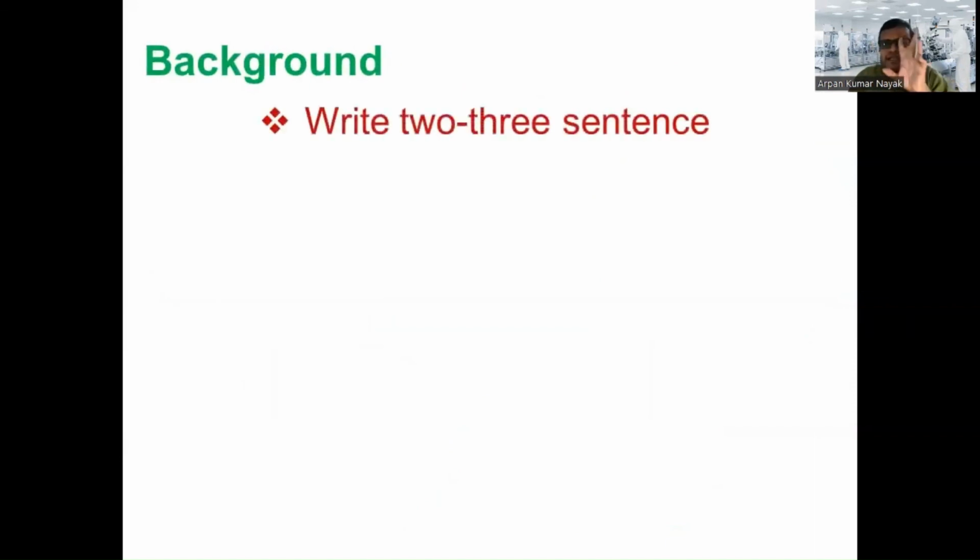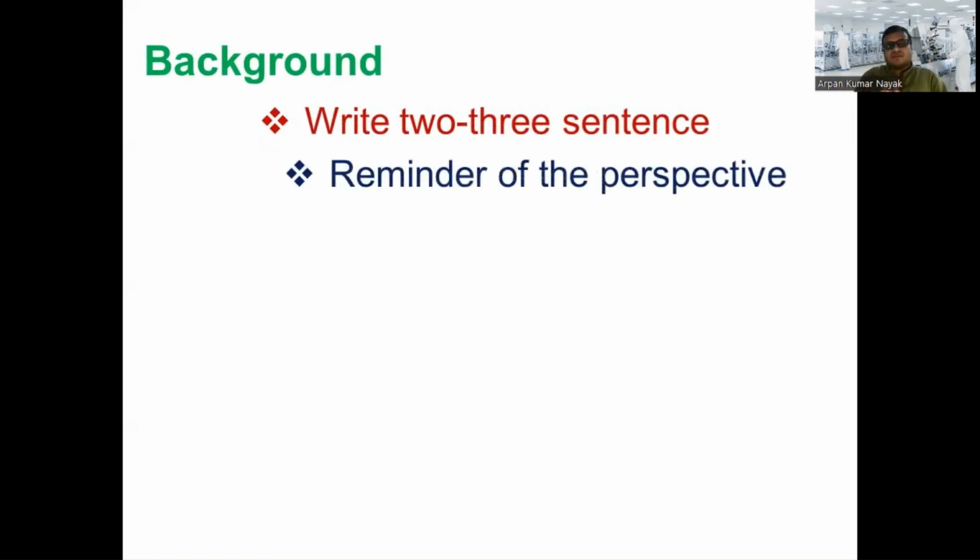So what can we understand by background? Generally we will write 2 or 3 sentences. We will remind the context. In the first sentence of the abstract, we remind about the story, the context or prospect.